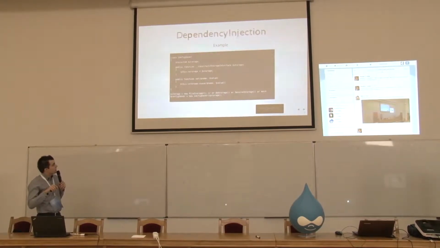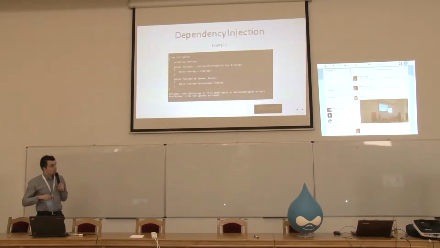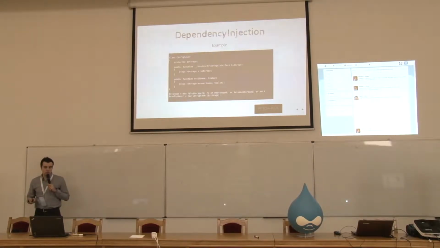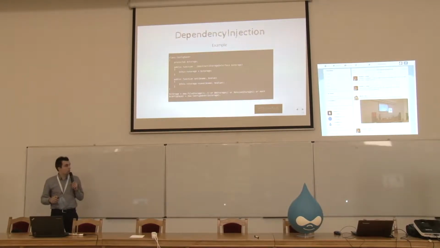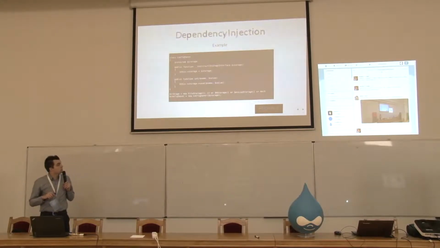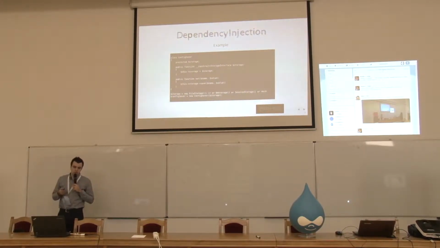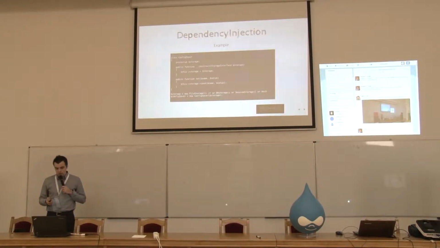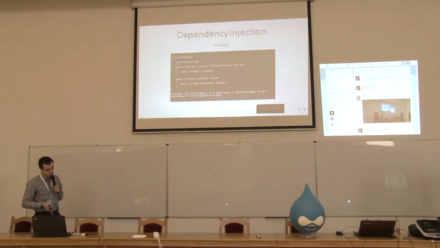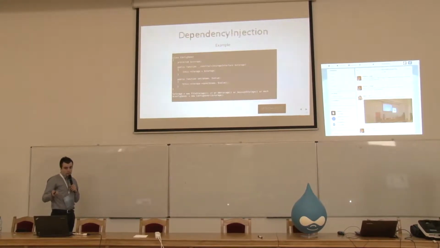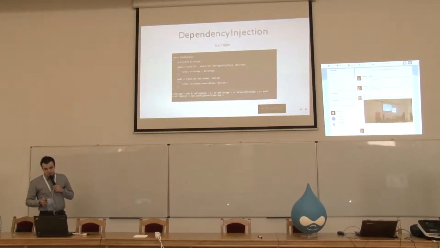The difference is that here we can use whatever other storage we want, and the code is easily testable because we can also mock the storage, and we don't have to use the exact implementation of the storage. And basically, this is dependency injection.